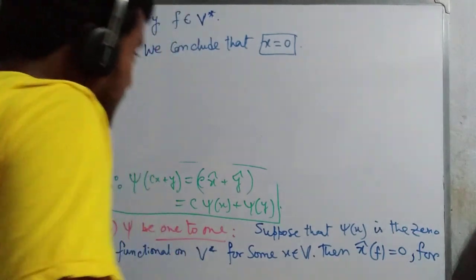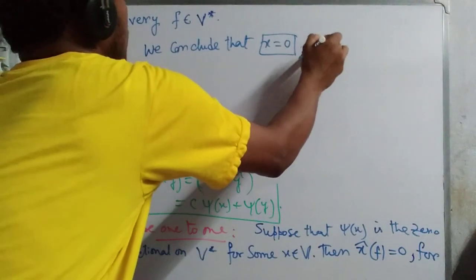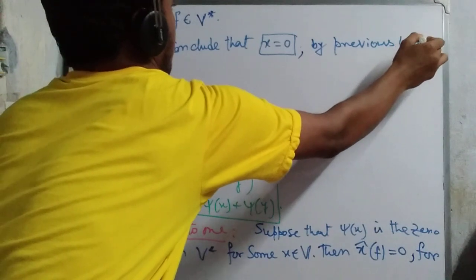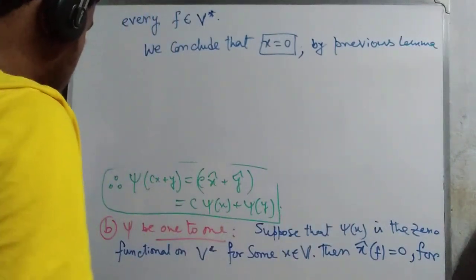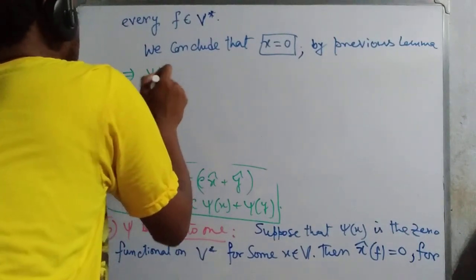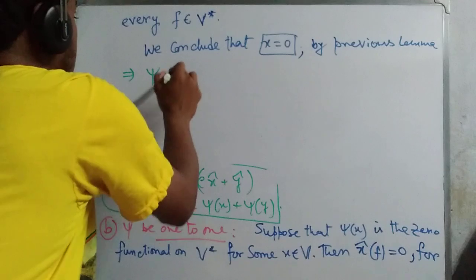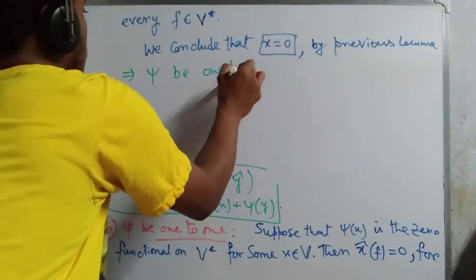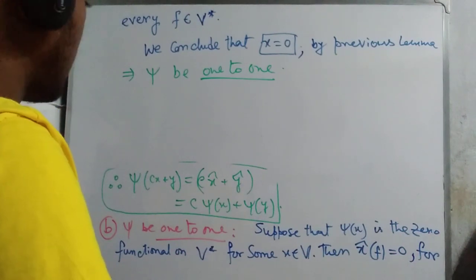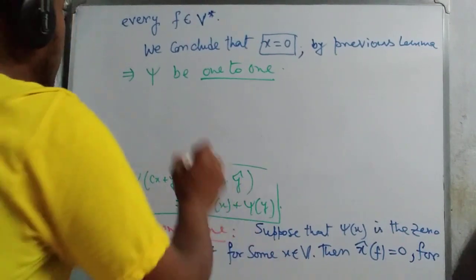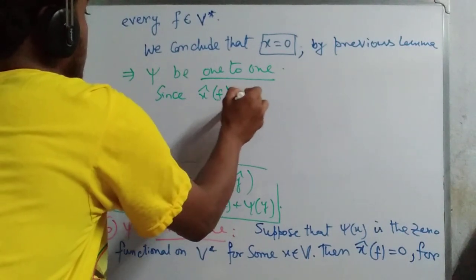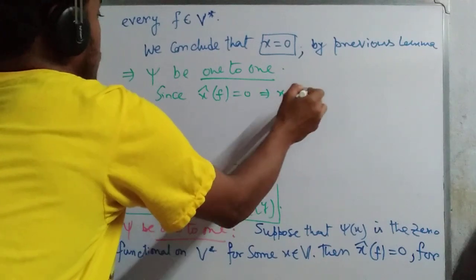Then we say that this is by the previous lemma. This implies that psi is one-to-one. That means x cap f is 0, since x cap f is 0 implies x equals 0.